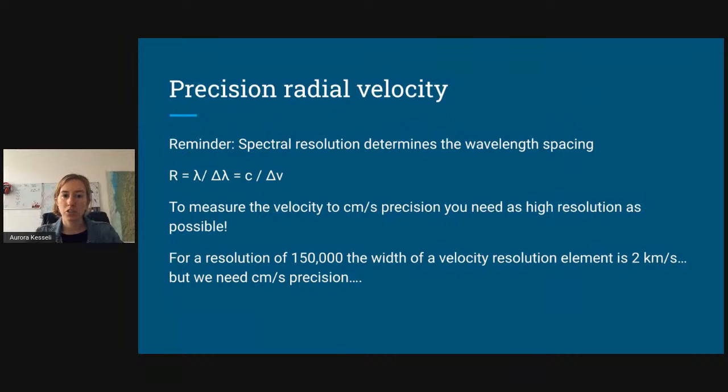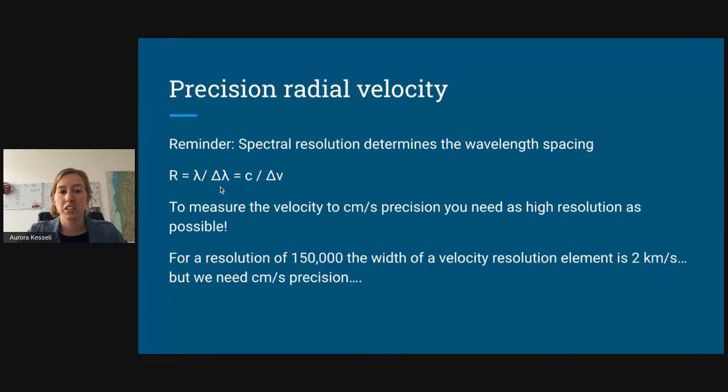Okay, so to measure centimeter per second radial velocity precisions, we need a spectrograph that has good spectral resolution. If you remember, the spectral resolution is the wavelength divided by the change in the wavelength.